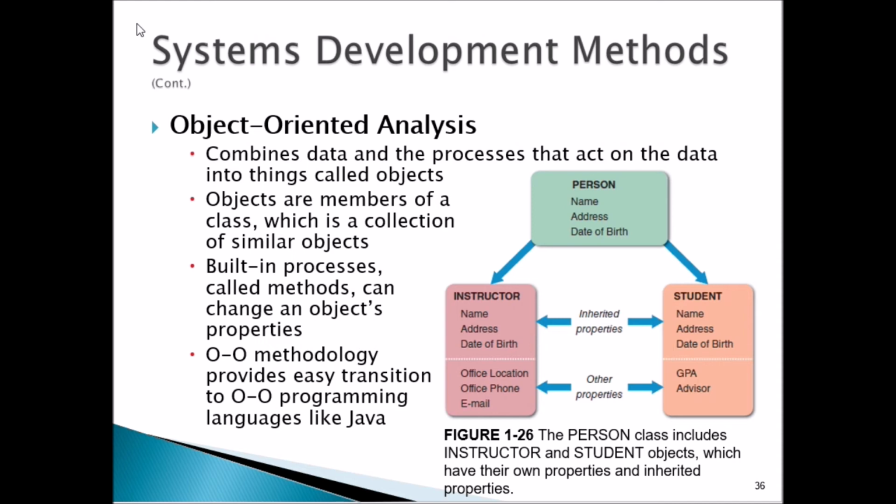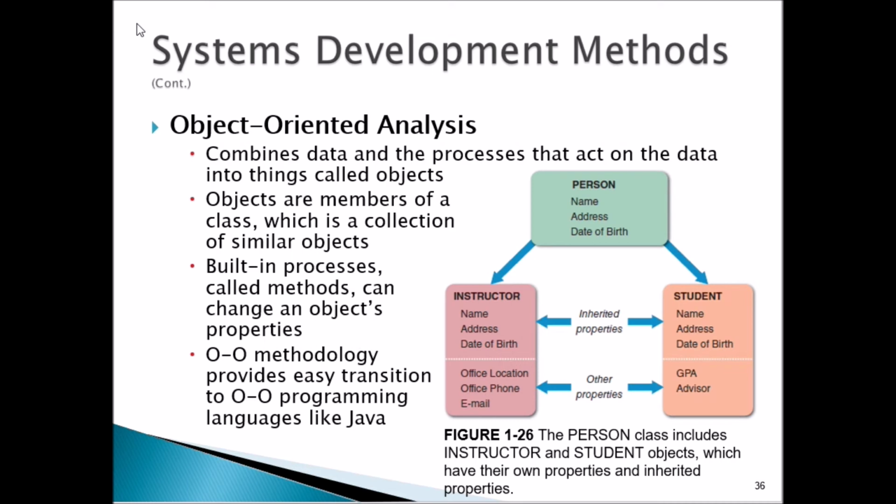One thing that's important to think about with object-oriented analysis is the concept of inheritance. In this example here, the person object, or the person class, contains the name, address, and the date of birth. This information and these objects are inherited by instructor and student, so they're considered inherited properties.